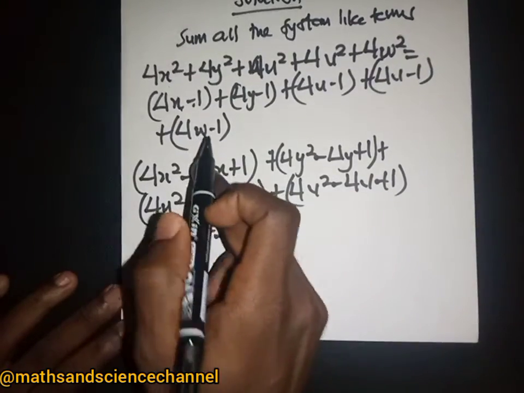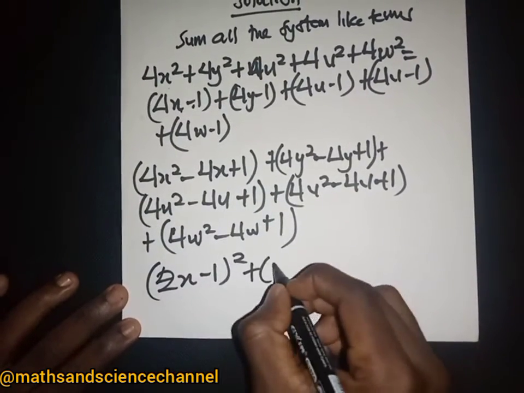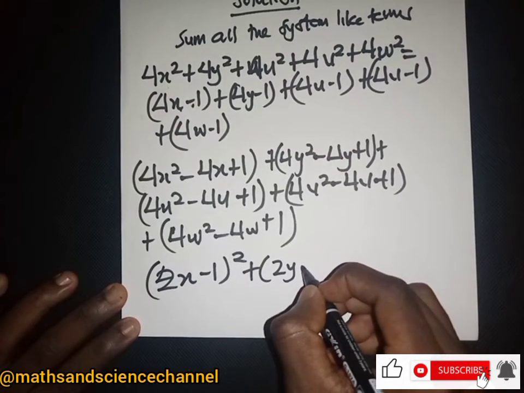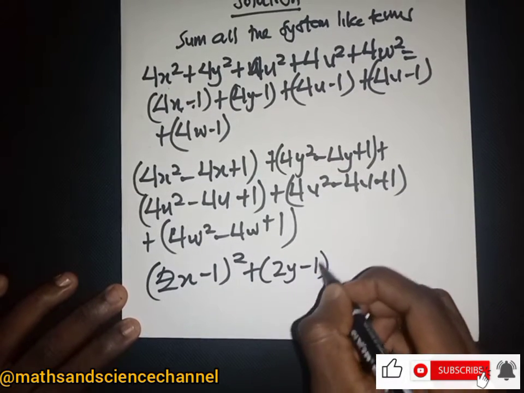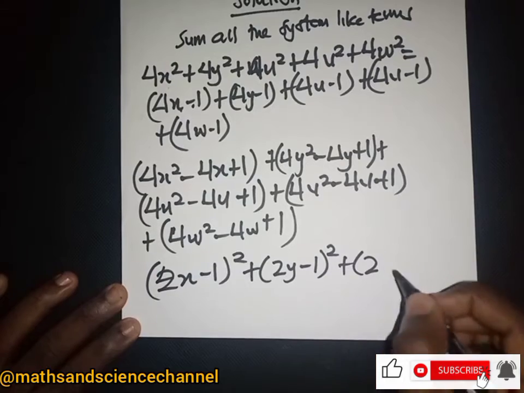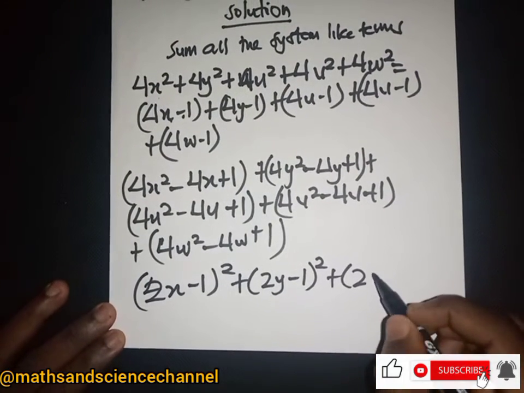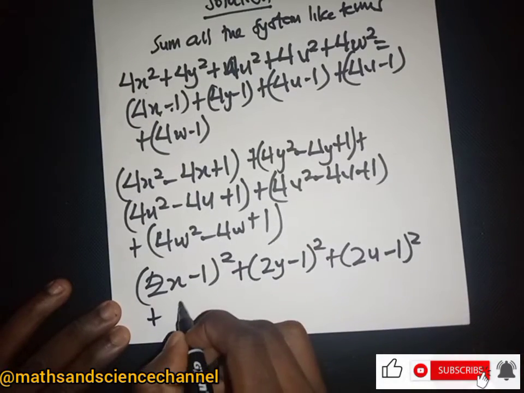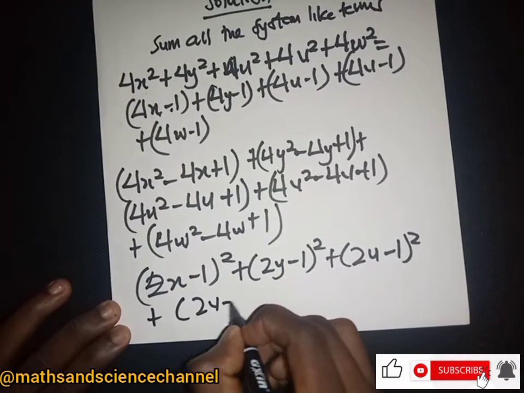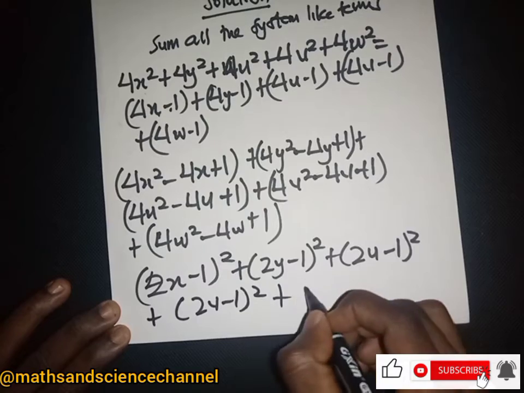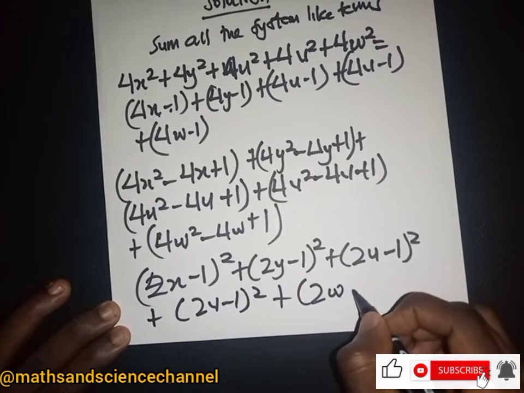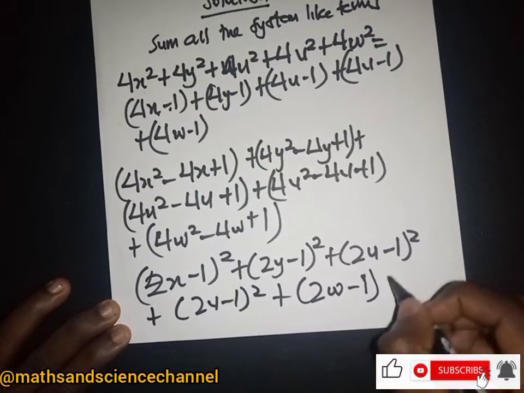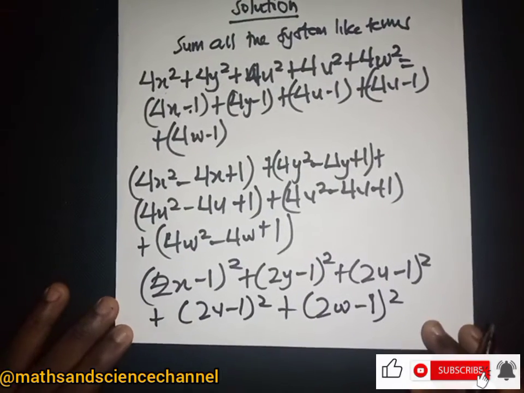Simplifying this, we should get that. We do the same for each one of them. So we have 2y minus 1 squared, then 2u minus 1 squared, then 2v minus 1 all squared, then 2w minus 1 all squared. So this is what we have.